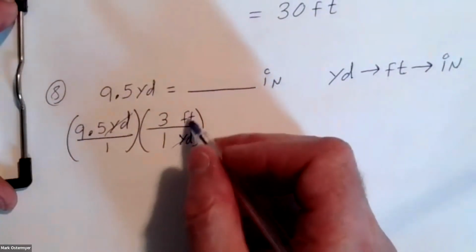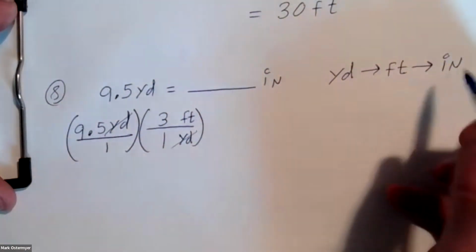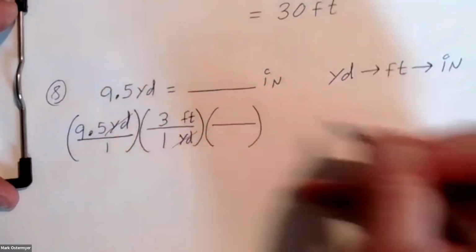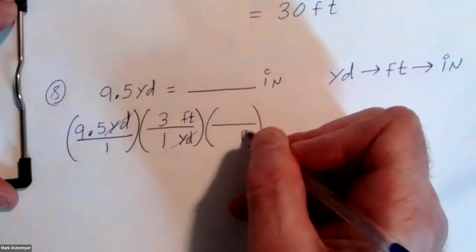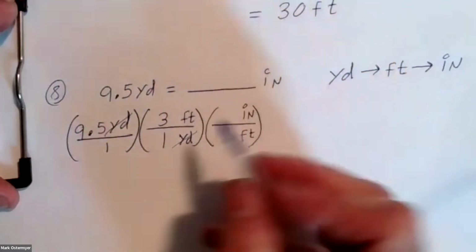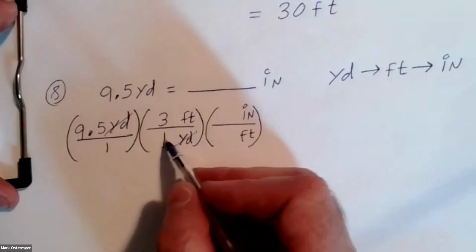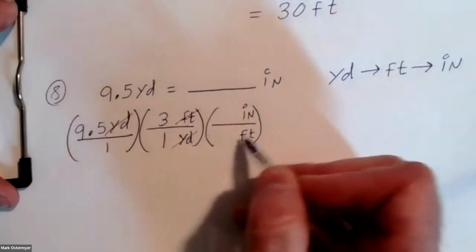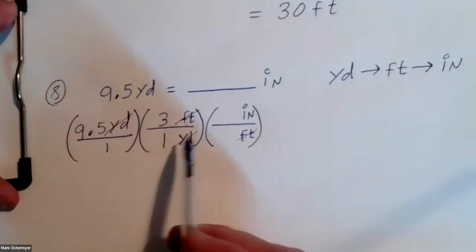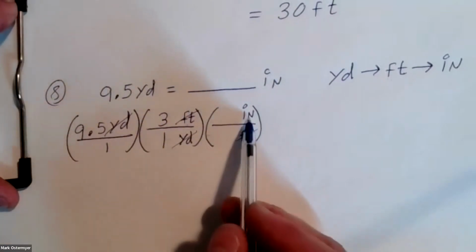But ladies and gentlemen, I don't want to stop at feet. I want to now go from feet to inches. So I multiply by yet another conversion factor that will get rid of feet and take me finally to inches. So now when I multiply this fraction right here by this fraction, the feet units cross cancel out. So look what's going on here. The yard units cross cancel out, the feet units cross cancel out, and I'm left with inches.